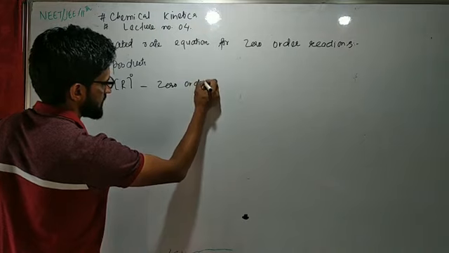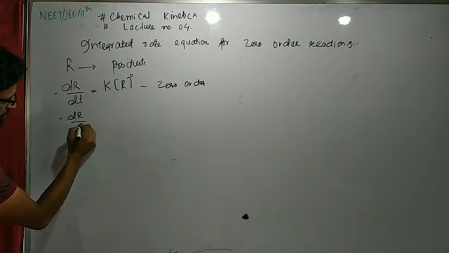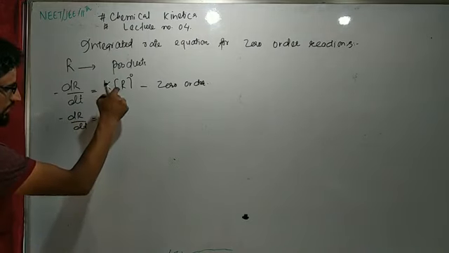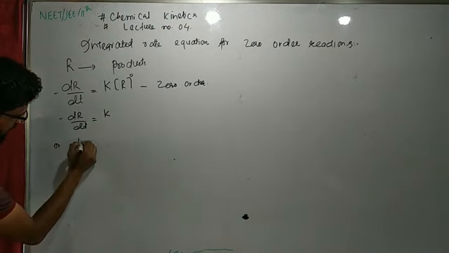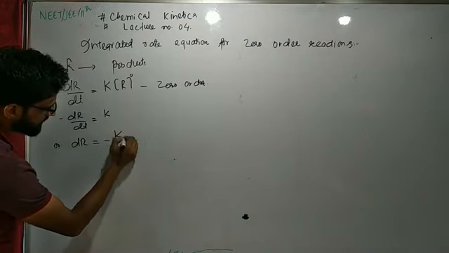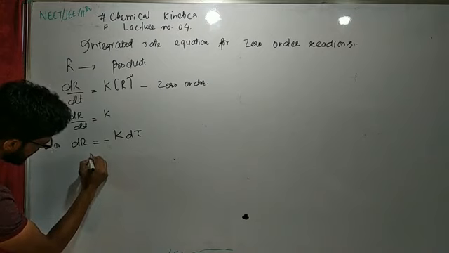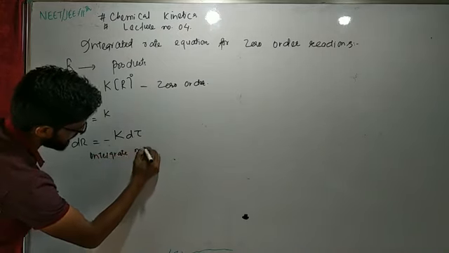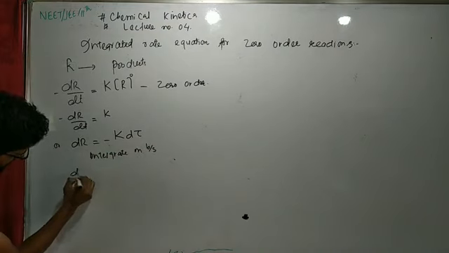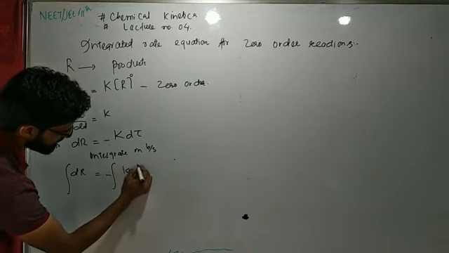Now dR divided by dt will be equal to minus k, because R raised to power 0 will be equal to 1, or we can write dR equal to minus k dt. This is simple: the dt is divided on this side, it gets multiplied here. Now integrate on both sides.